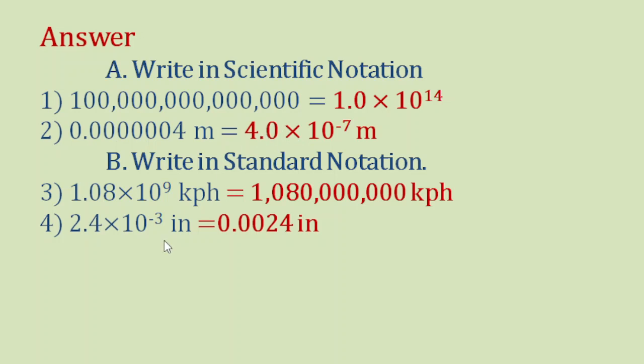And number 3, this is the answer. What is this? This is billion. 1,080,000,000 kilometers per hour. And for item number 4, it's 0.0024 inch. Did you get the 4 items right?